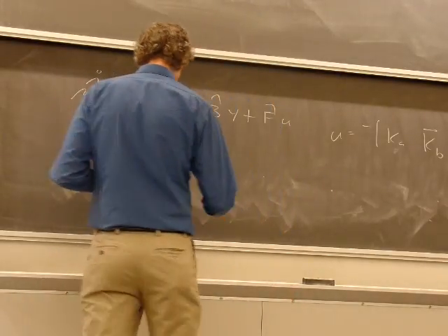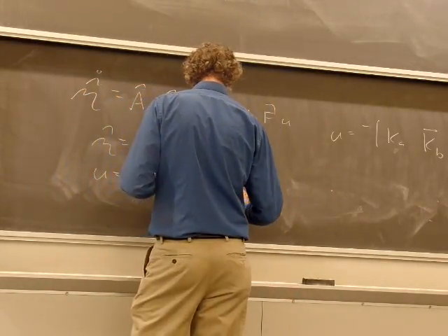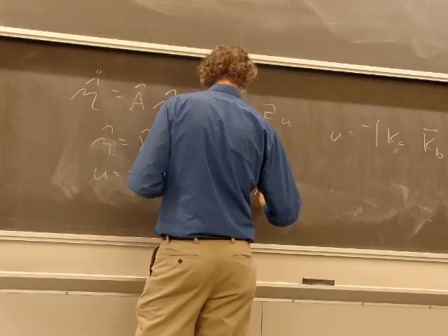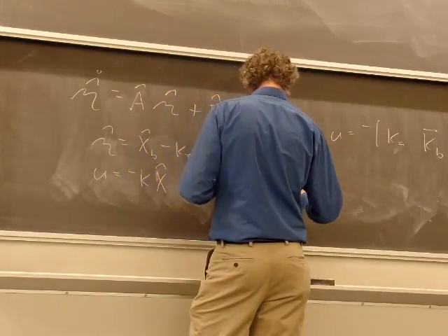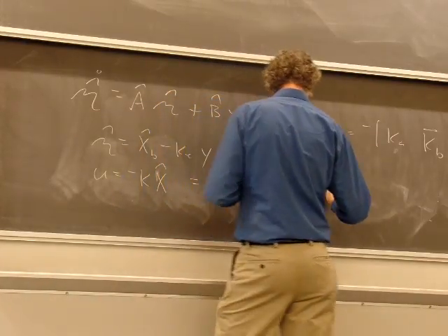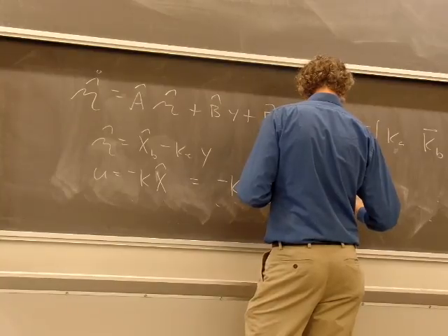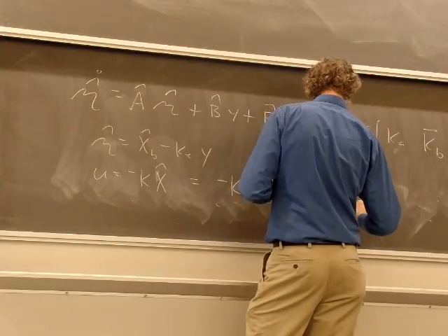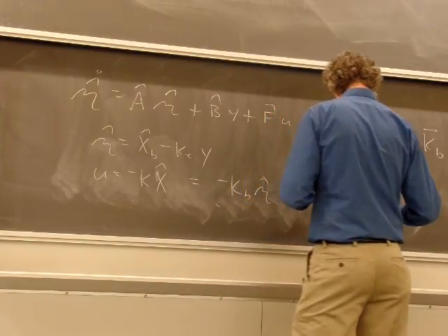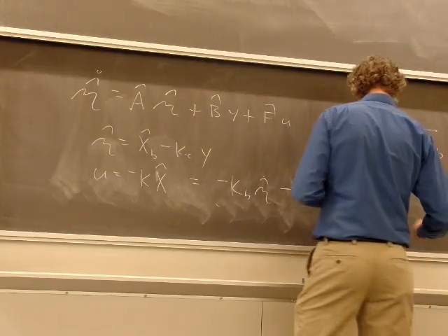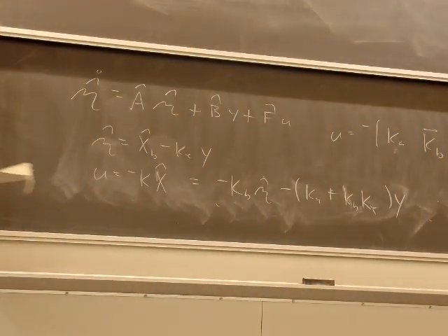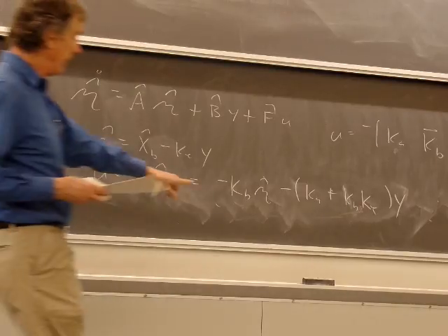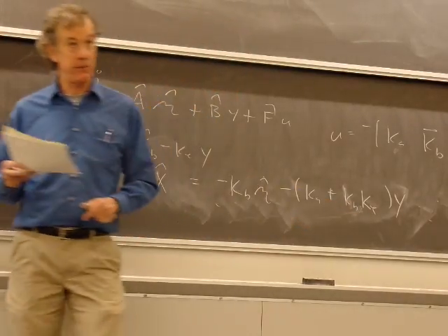So our u, I can rewrite as the following, where Ka and Kb are the controller gains, Ke is the estimator gain.